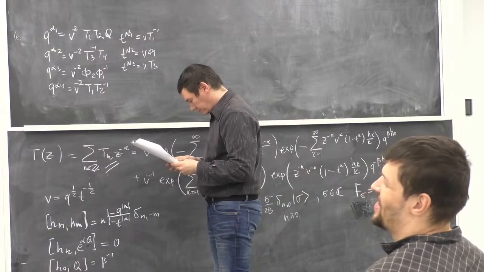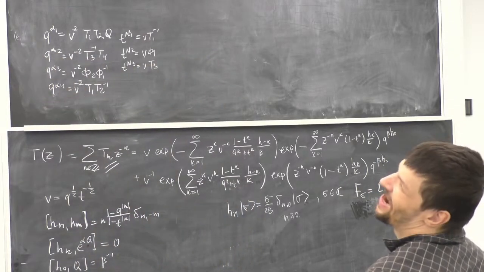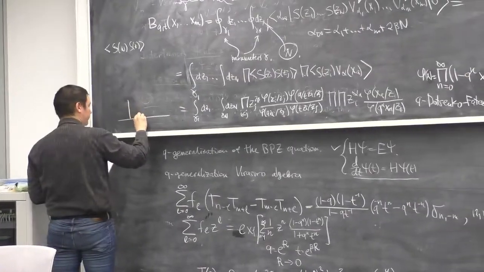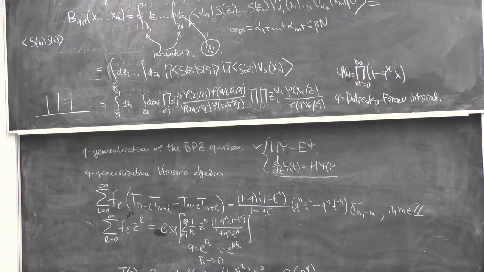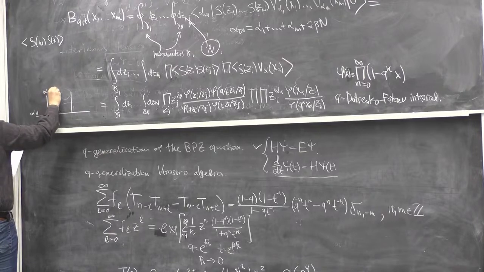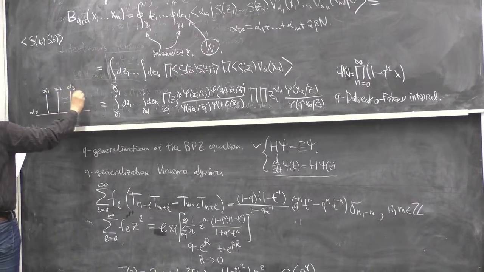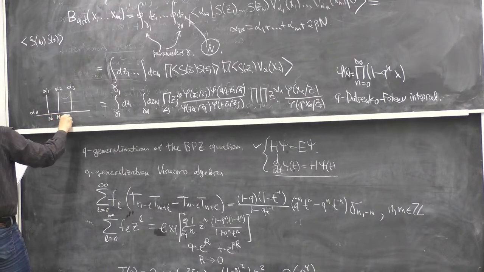Where does such a pile of parameters come from? This is because this conformal block here is a 5-point. And so you have alpha 0, alpha 1, alpha 2, alpha 3, and then also you have n1, n2, and n3.